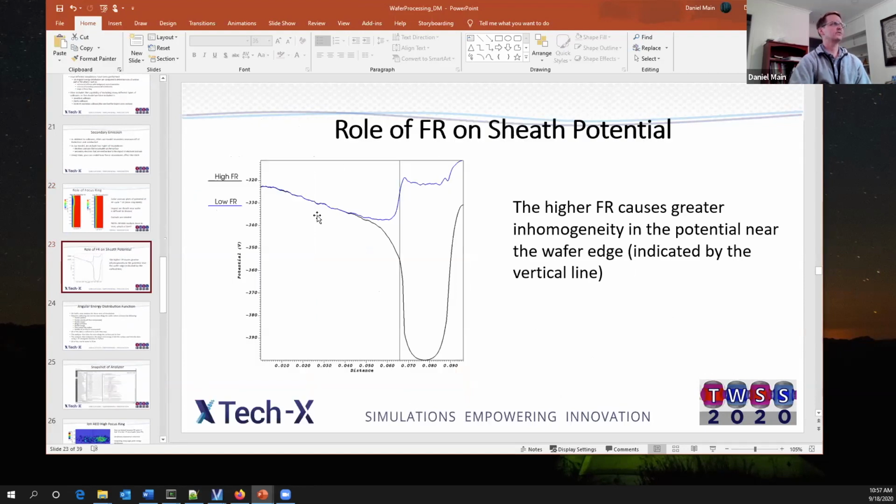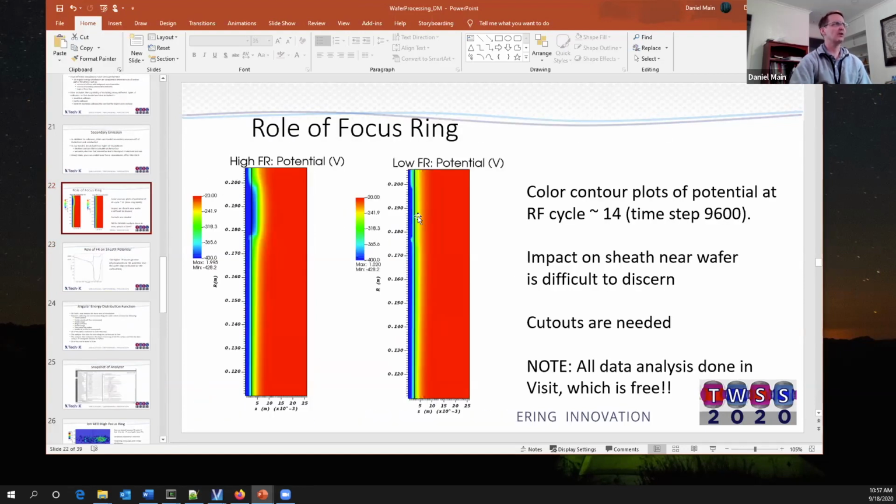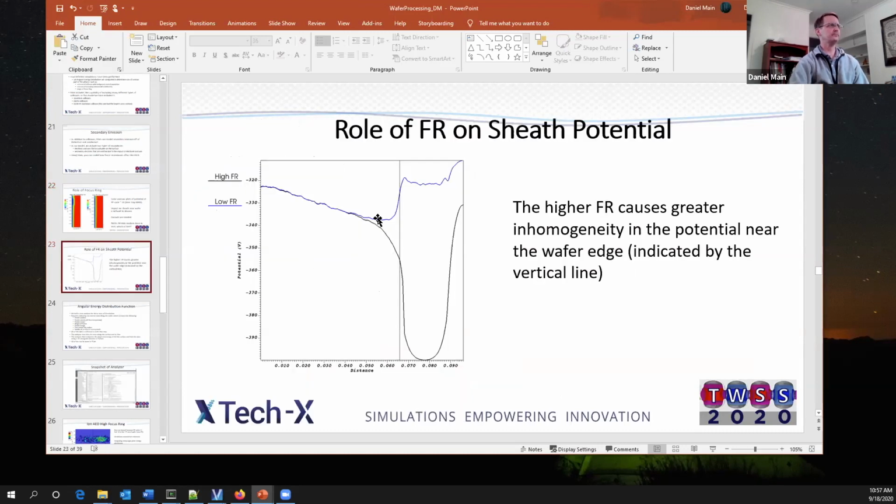All right, so here's a cutout. It's along this black line. So I tried to go through the sheath. In this case, it went through the focus ring as well, but that doesn't matter because what we care about is what happens at the very end of the wafer. So this was with a high focus ring, the black curve, and the blue curve is with the low focus ring.